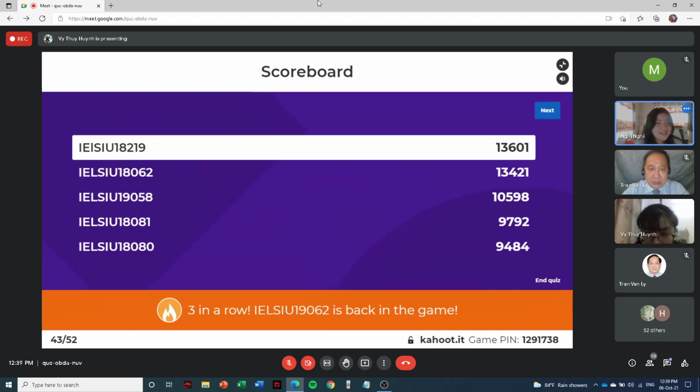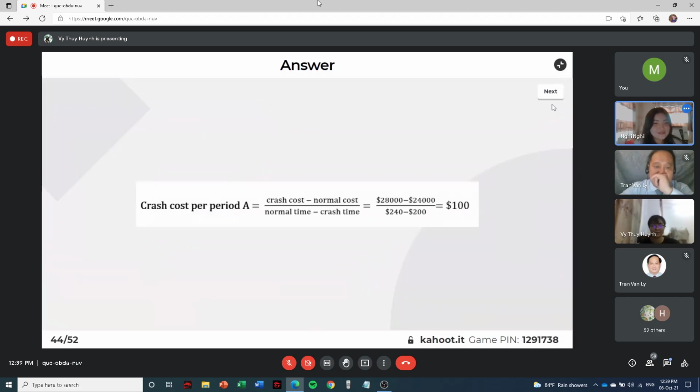Okay, remember when I said you guys should try to notice the crash cost per period equation? That's what I mean, because we're gonna use it in this mathematics problem. So as we already noticed, the crash cost per period equals the crash cost minus the normal cost over the normal time minus the crash time. So with the information included, the crash cost per period of A would equal $100.